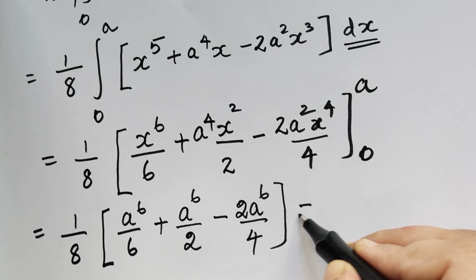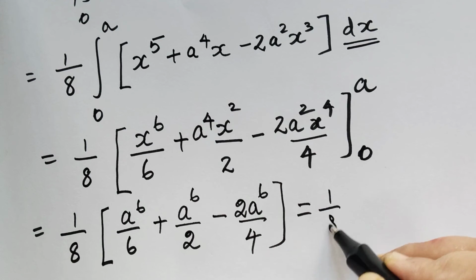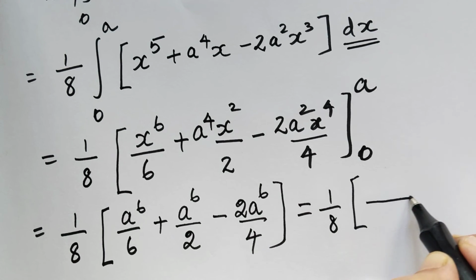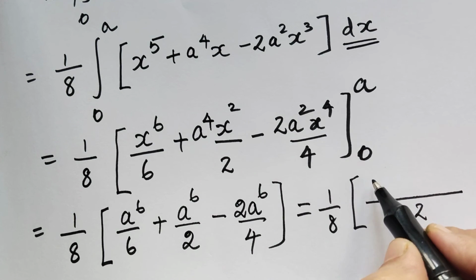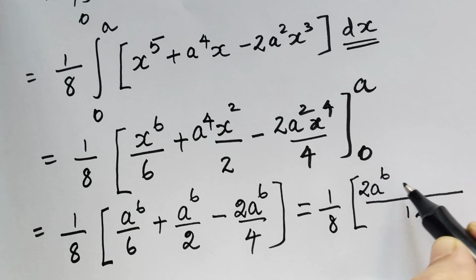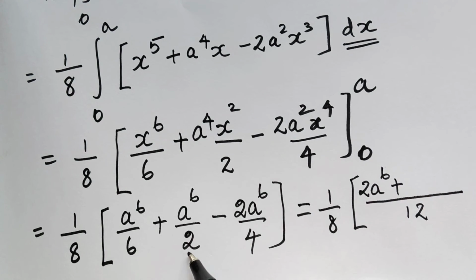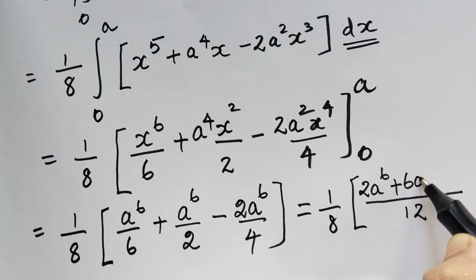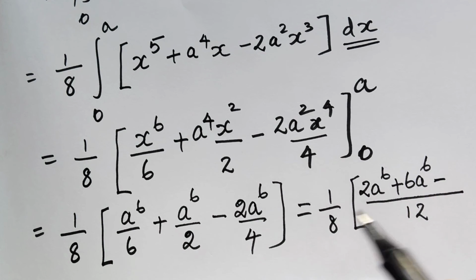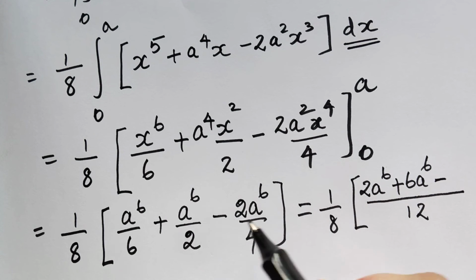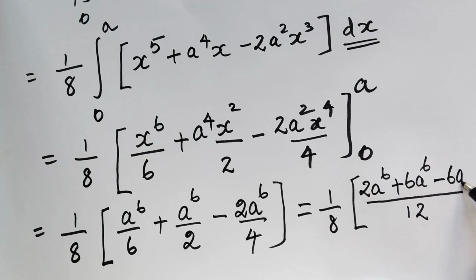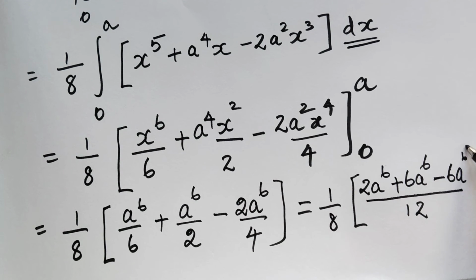We can proceed further. So that is equal to 1 by 8. We see that the LCM for these three terms within the bracket is 12. And so we will be having 2a power 6 plus, and multiplied with 6, so 6a power 6, minus, and here we will be having 4 3 times is 12, so 3 2 times is 6, so minus 6a power 6.